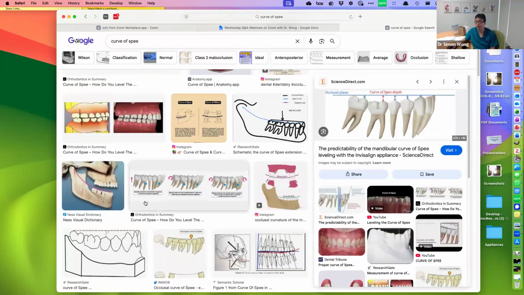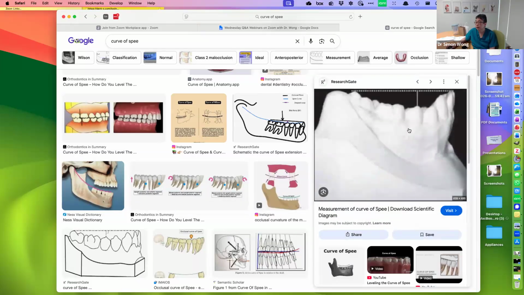Right, so how does that develop and how is that impactful? So this would be a very steep curve of Spee where there's a big dip, where the incisors are at a significantly higher plane than the premolars or the molars.